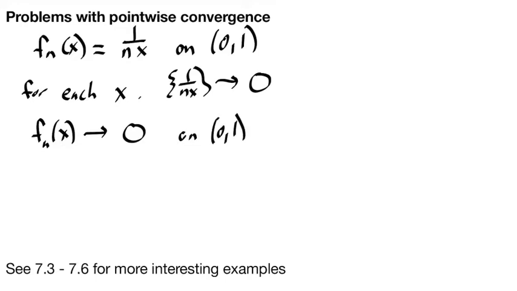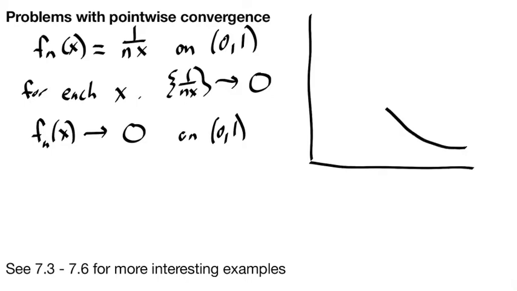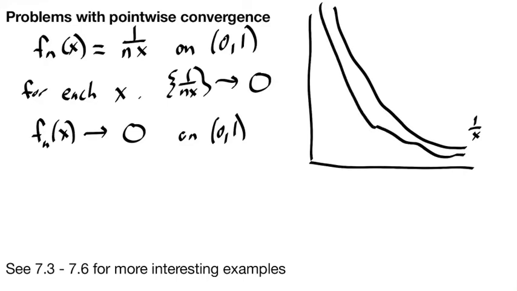But notice this is kind of a weird pattern. By the way, I could start drawing these. 1 over x just looks like this. So that'll be 1 over x. 1 over 2x is going to be the same thing, but just a little bit smaller.